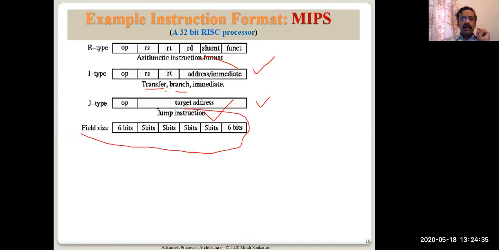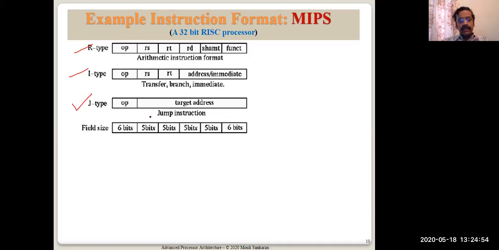So this is the format in which those bits are organized. I hope you follow what I'm saying. Different instructions are categorized based on whether it is an arithmetic operation, a branch instruction, or a jump instruction. The bit patterns are understood by the decode logic following this convention.